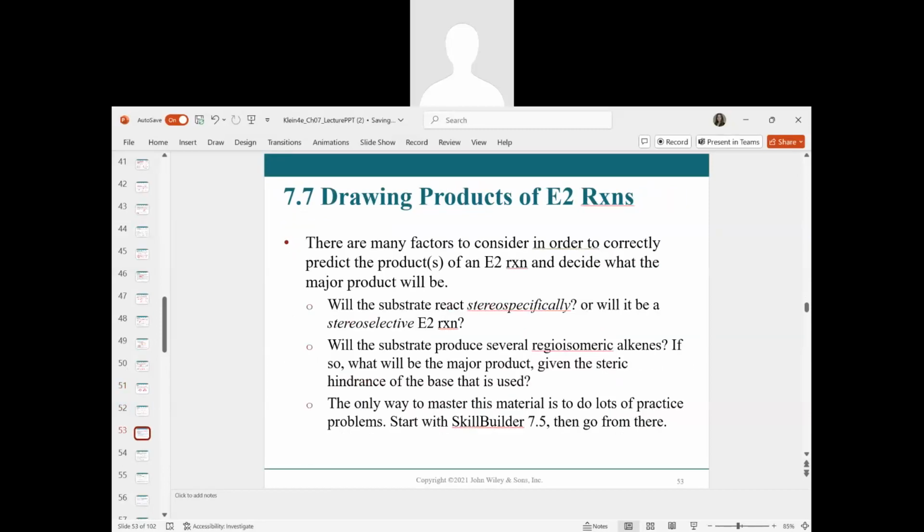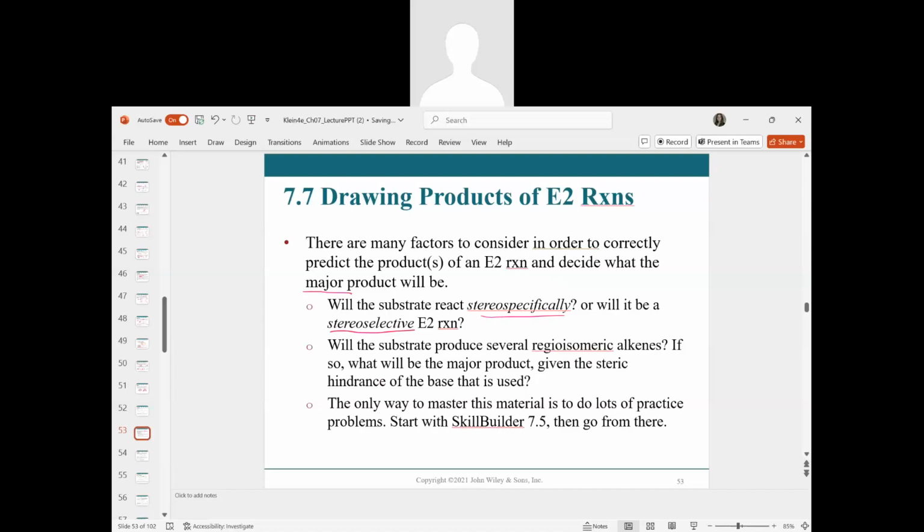So this last line just reminds us that when we are drawing the products of our E2 reactions, there are many factors to consider to make sure that we find all of our products and decide specifically what our major product will be. These questions include: will the substrate react stereospecifically, or will it be a stereoselective E2 reaction, so we have 1 or 2 products that are possible?